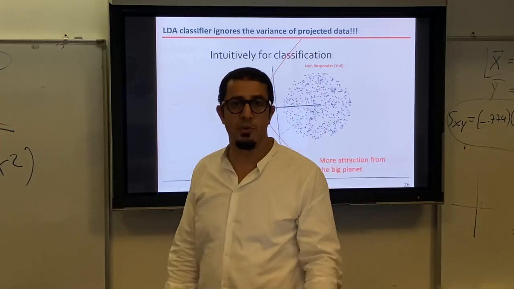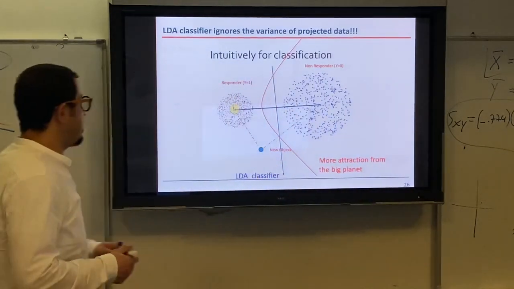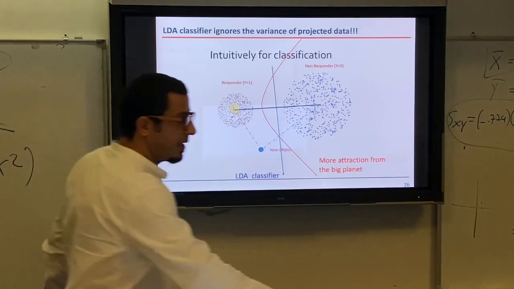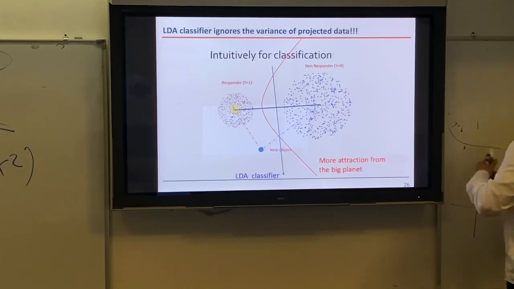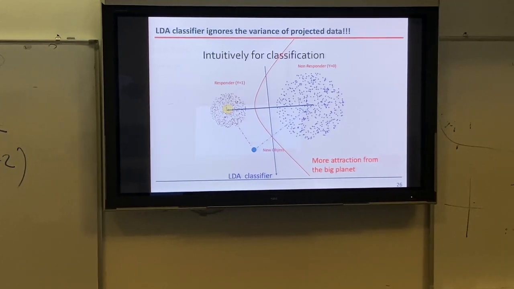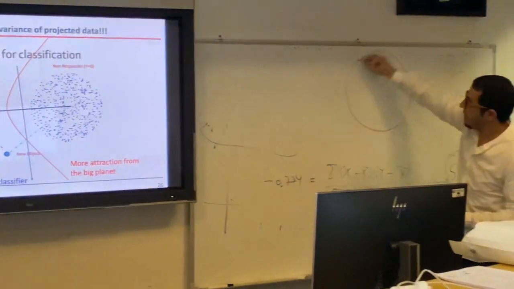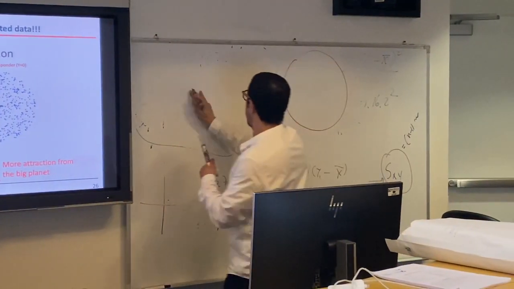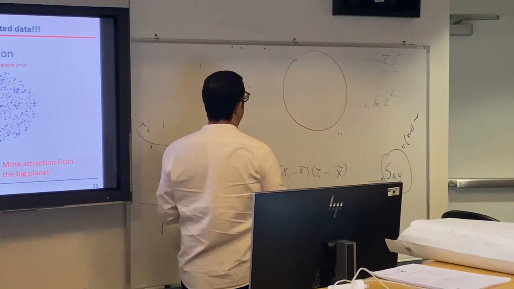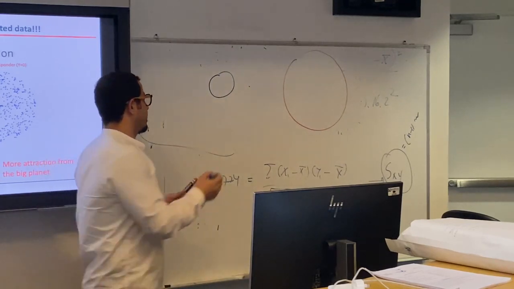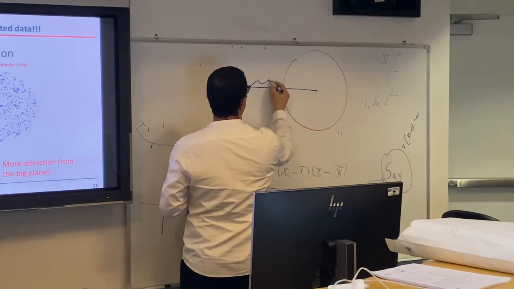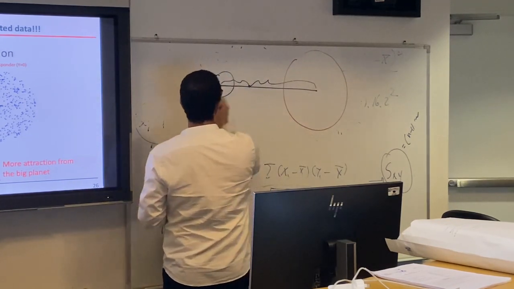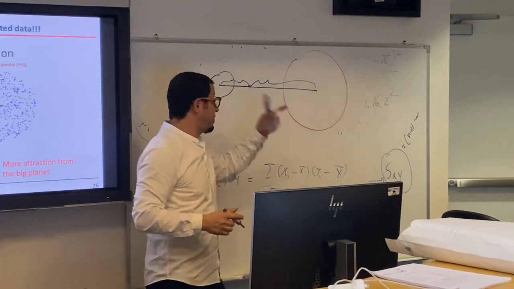Who can answer the question? Why? For example, let me write it. This is a new classification. Let me just draw, so I can see if I understand your question well. Now, for example, I have this data here, this one is here, and I have this point here. How can we classify it, right? We have the mean, and we have the distance to this mean and the distance to the other.